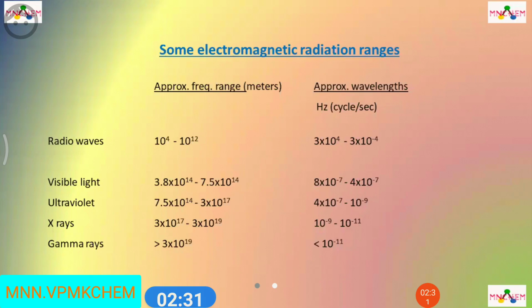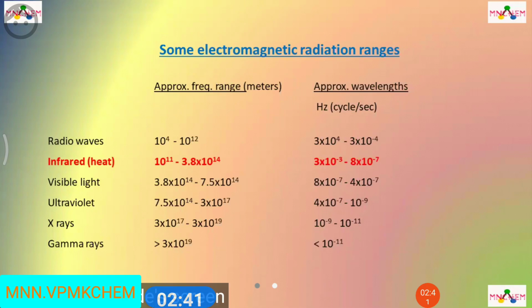In today's discussion, we will be focusing on infrared radiations, which have the frequency range from 10 raised to 11 to 3.8 into 10 raised to 14, whereas the wavelength range is 3 into 10 raised to minus 3 to 8 into 10 raised to minus 7.